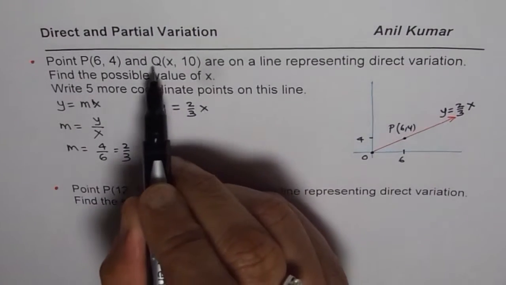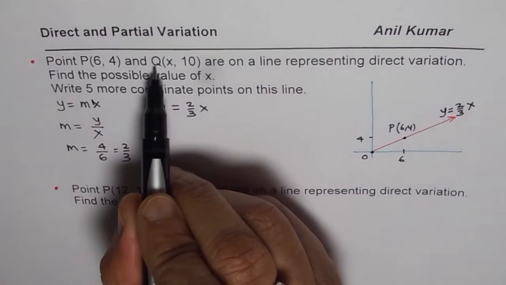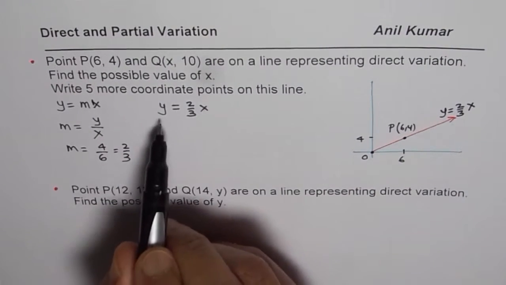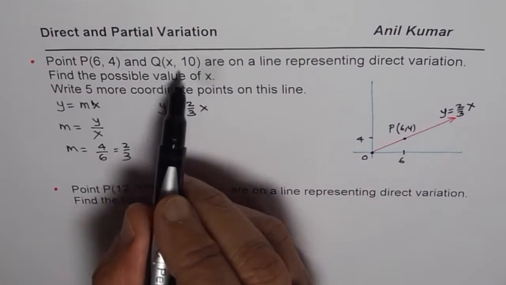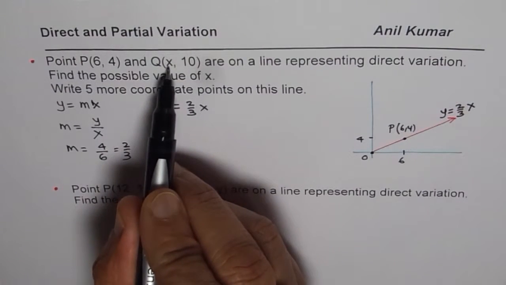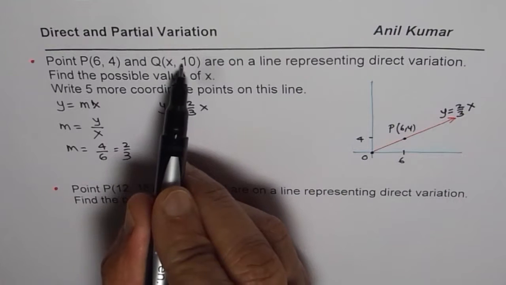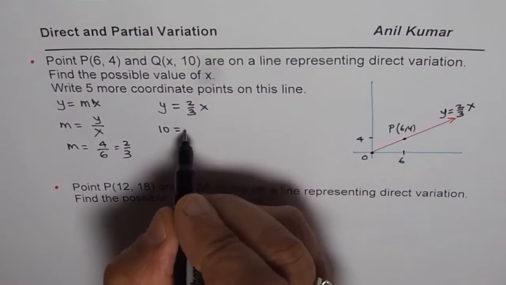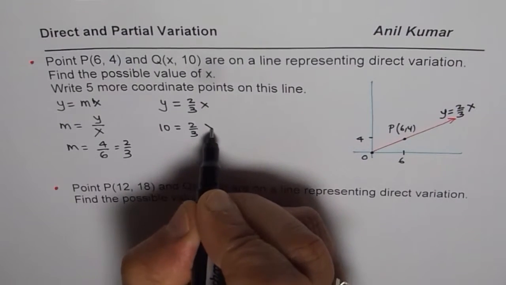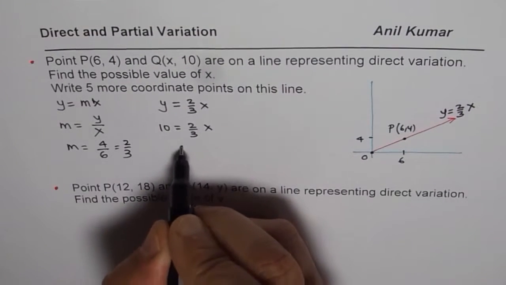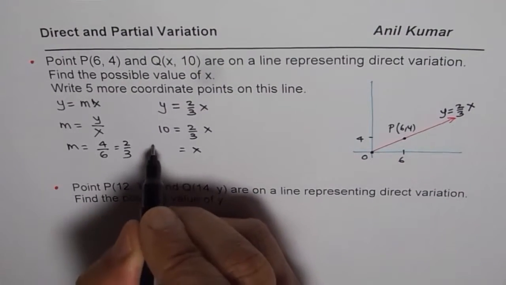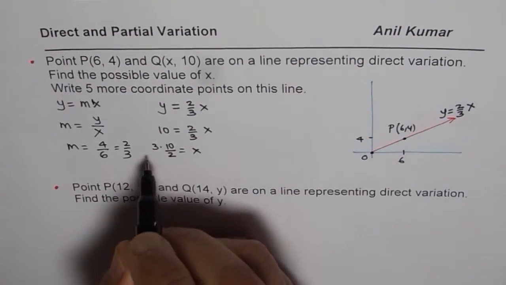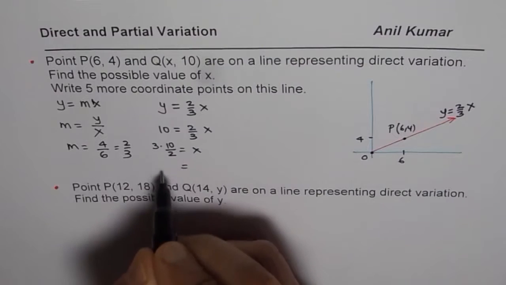To find the next point Q, whose x value is not known but y value is known, we can use the equation. To find x, we substitute 10 for y. So we write 10 equals 2 over 3 x. From here, x equals 3 times 10 over 2, which gives us 5 times 3, 15.